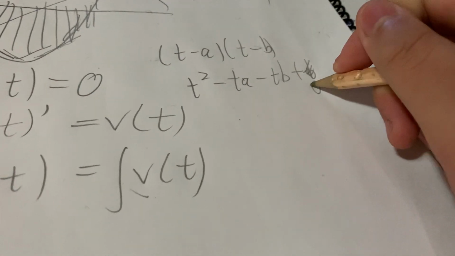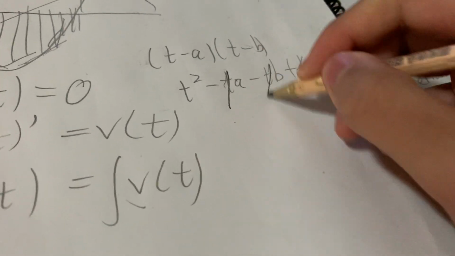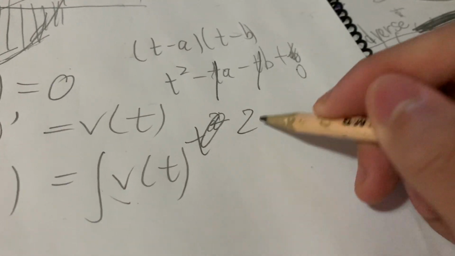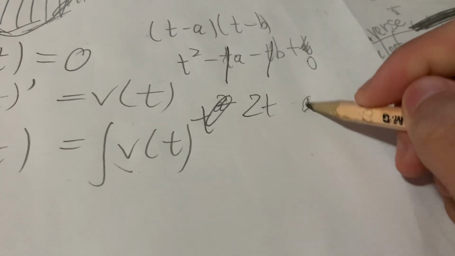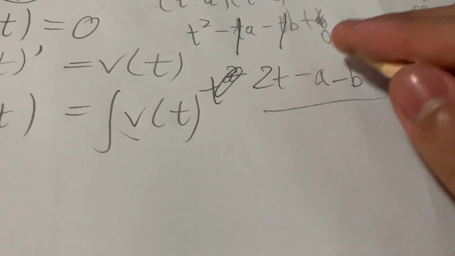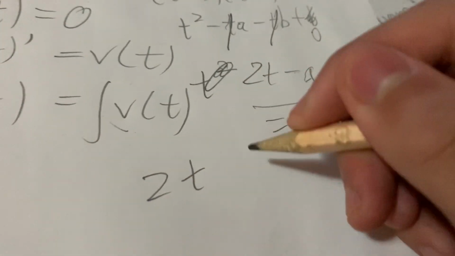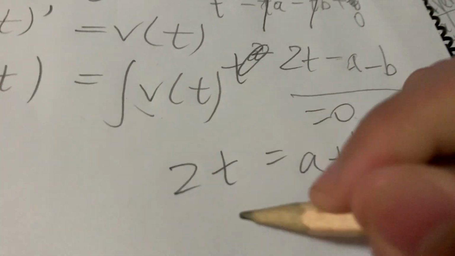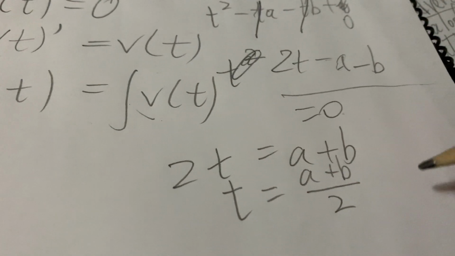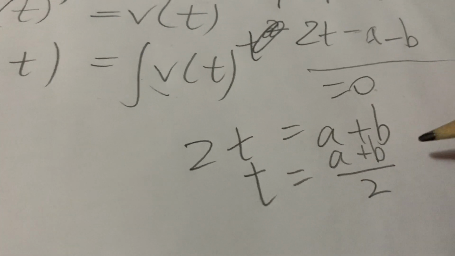And we also treat a and b as constants. So we get that it is equal to 2t minus a minus b. It serves as the derivative. So we want this to be 0. Well, in this case, we want 2t equal to a plus b. So t should be a plus b divided by 2, which is answer B in this case.